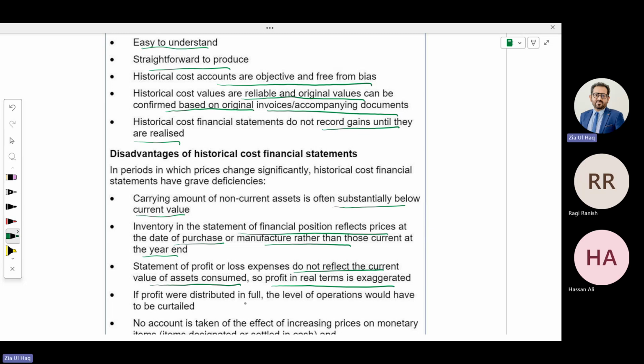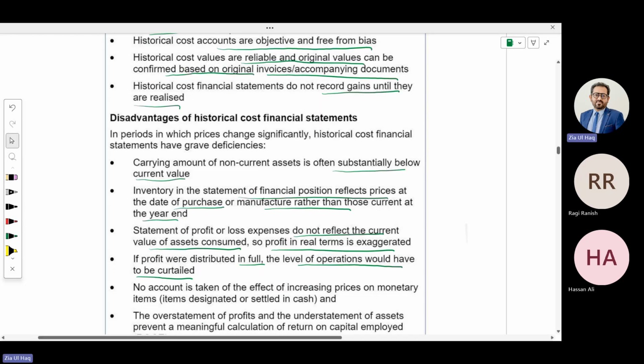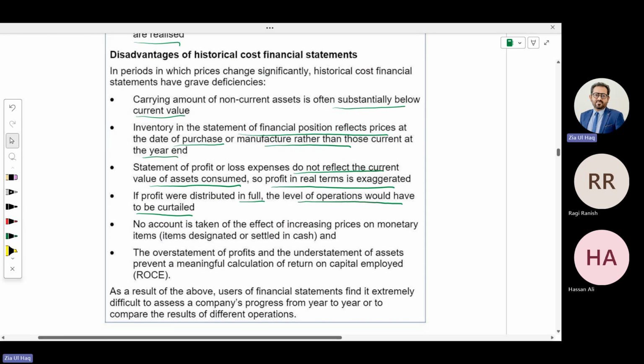If profits were distributed in full, the level of operations would have to be curtailed. And if we don't keep a reserve, we cannot adjust revaluation losses of assets. No account is taken of the effect of increasing prices on monetary items until they are settled in cash.